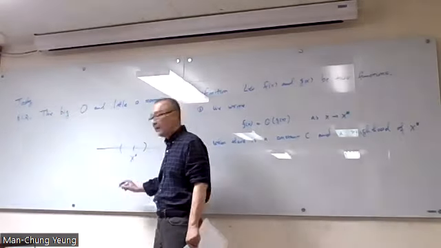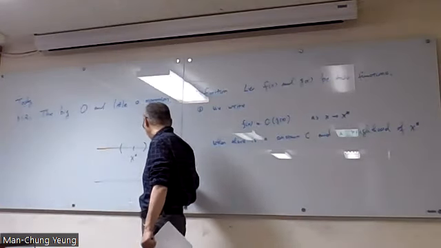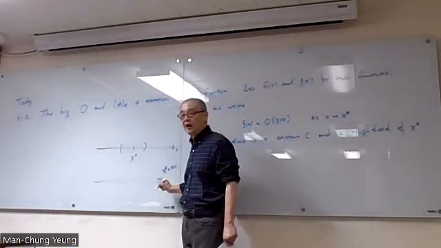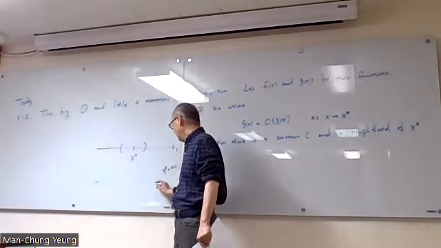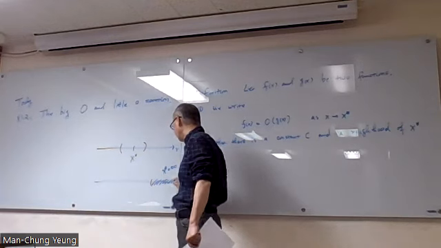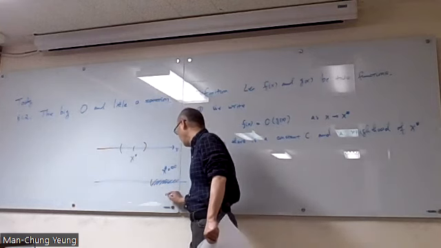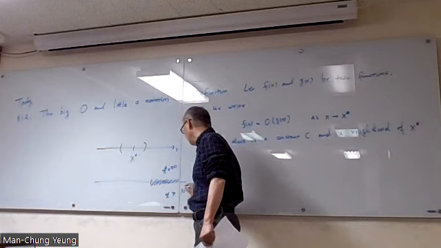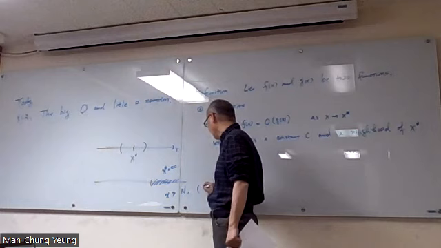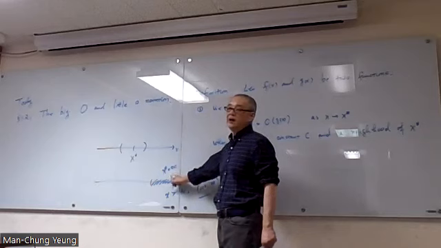If x star is infinity, then a neighborhood of infinity is all the points greater than some number, for example 100 to infinity. This is a neighborhood of infinity.